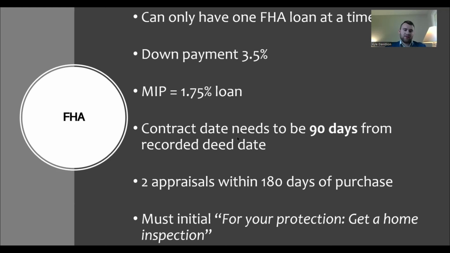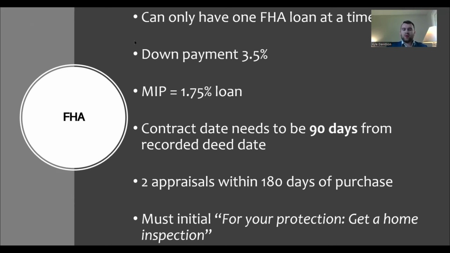Yeah, so they do have a couple rules in place too. I see you have them outlined here. Basically, they're trying to avoid what happened in the early 2000s, where the appraisers were basically just appraising things for whatever they needed.